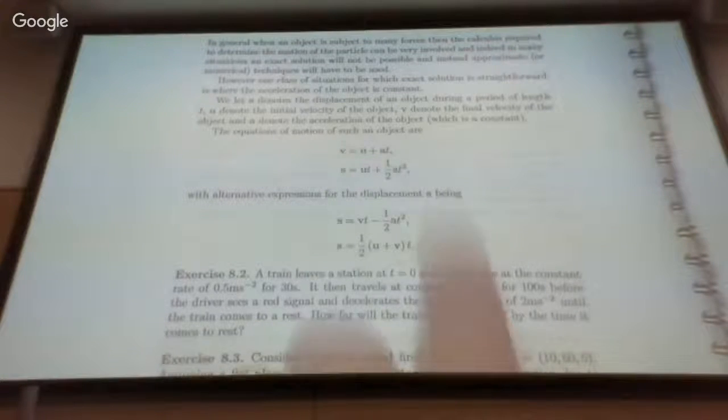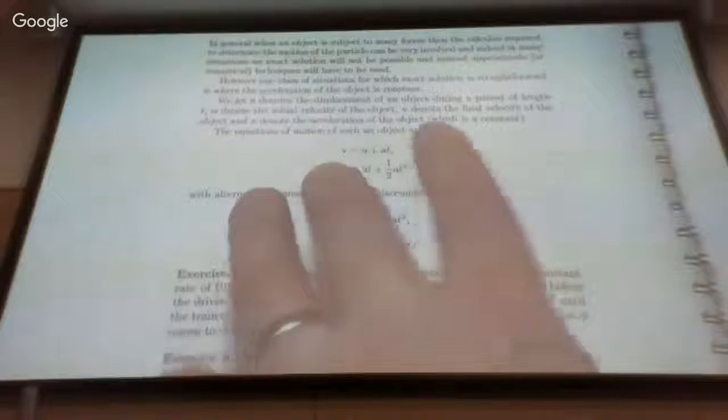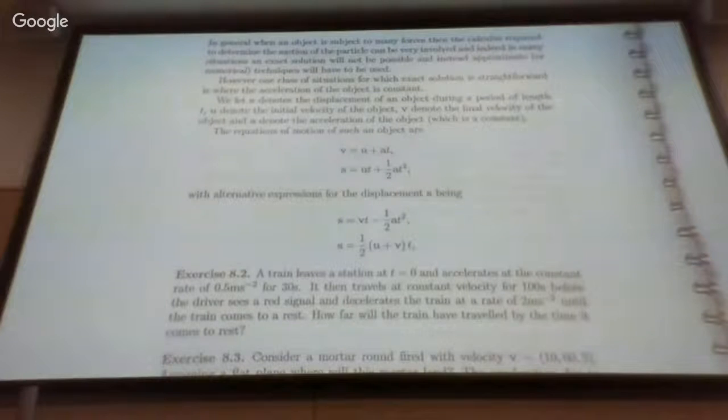So we'll just set up some notation and equations here. We're going to let S denote the displacement of the object during this period, and t is the time variable for the period. U is going to be the initial velocity of the object, and v the final velocity. So you can see how these things are related now.